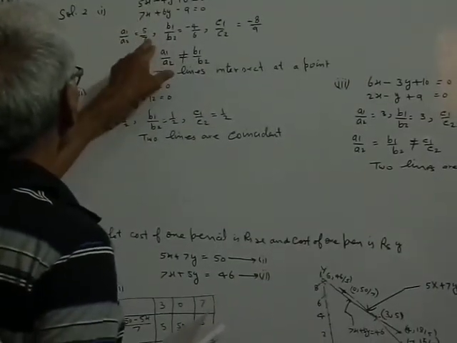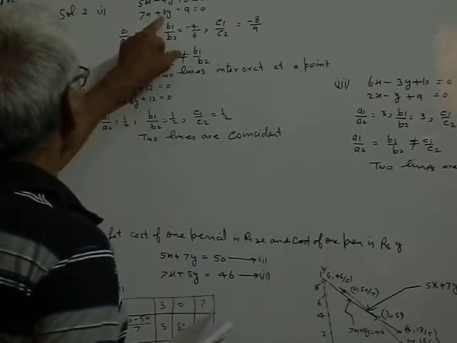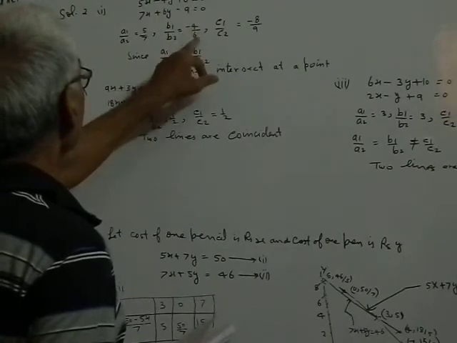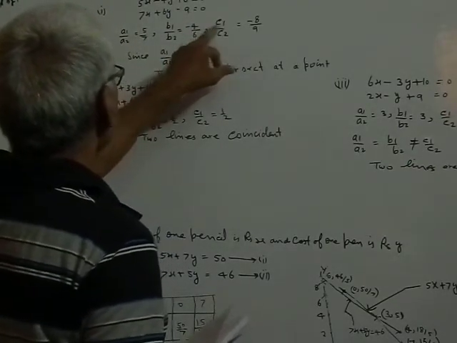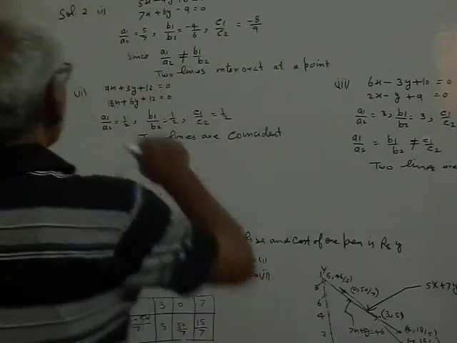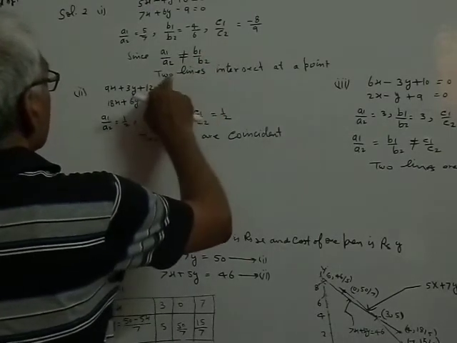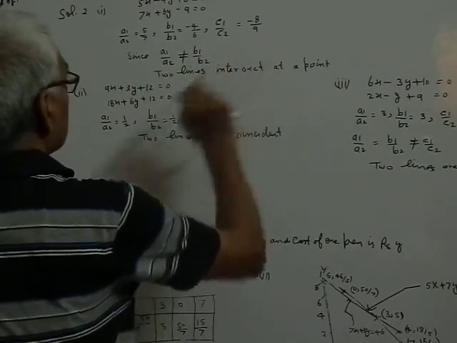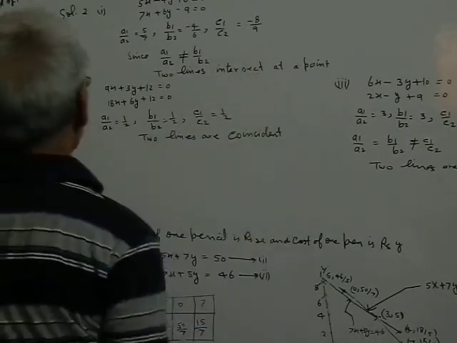Here a1/a2 = 5/7, b1/b2 = -4/6, that is -2/3, and c1/c2 = -18/9. Since a1/a2 is not equal to b1/b2, these two lines intersect at a point and you will get a unique solution.